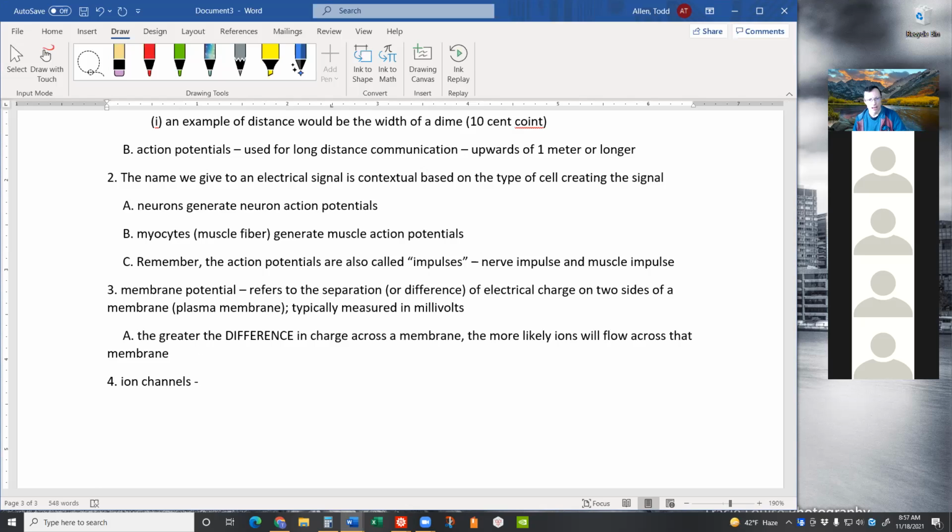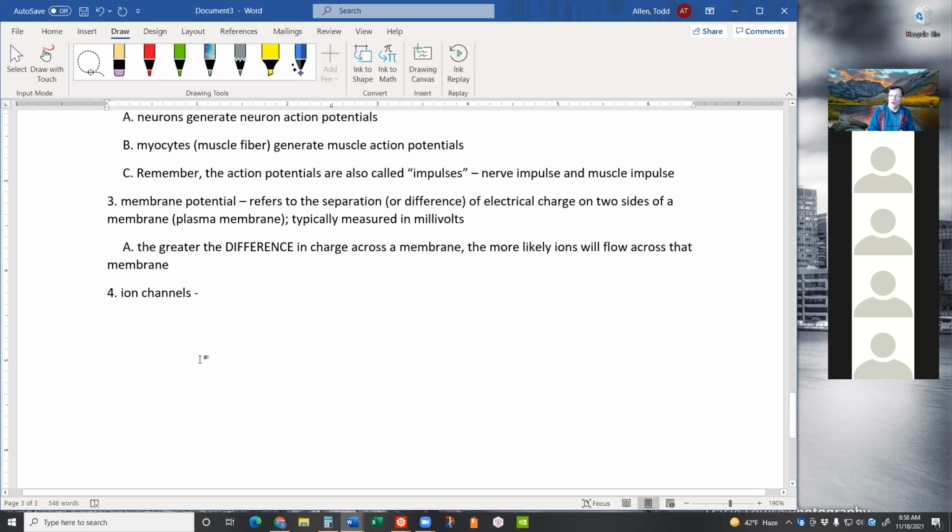Okay, ion channels, as you know from our conversation with the neuromuscular junction, are proteins. They're proteins that have a tunnel inside the dimensions of the protein that allow ions to move back and forth across the membrane down what we call the electrochemical gradient.